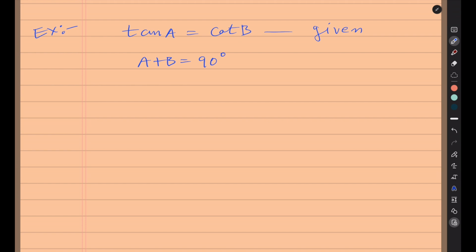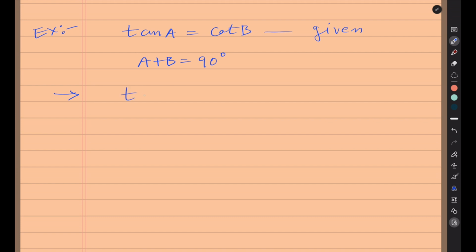So you can pause this video and try to solve this problem. Now let us have a look at the solution. First of all, we should start thinking about what exactly is given.